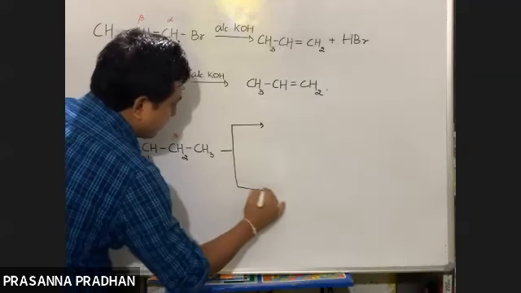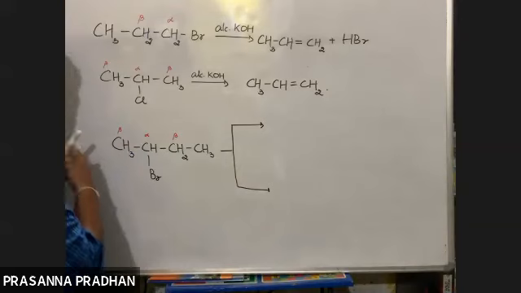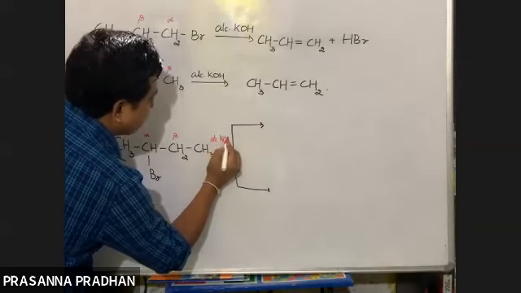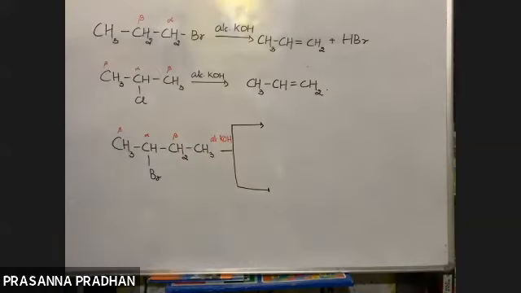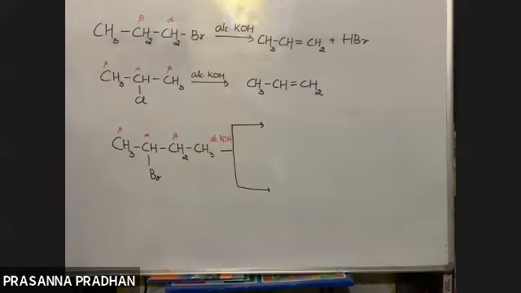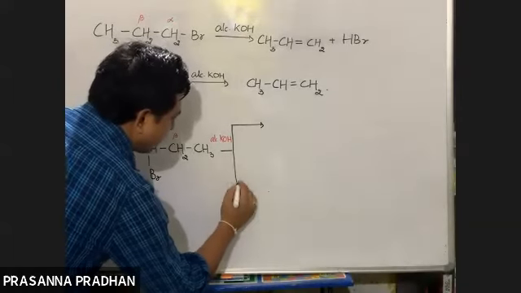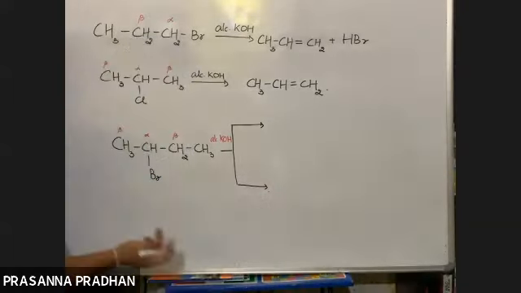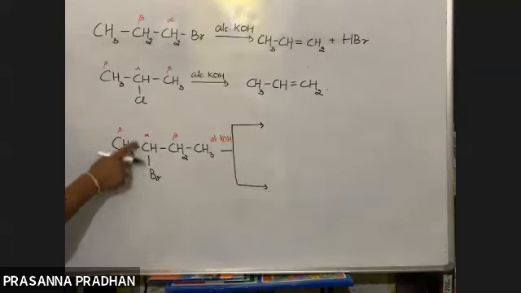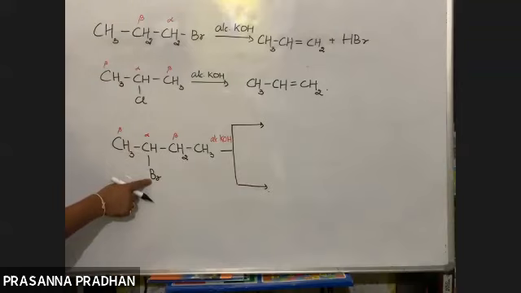So again, remember the reagent used is alcoholic KOH. Okay, so try to draw both the products out. So what are the two products now? Yes, tell me guys, what are the two products? Got my point. Here, if this hydrogen is eliminated, then from the alpha carbon, the halogen will get eliminated.